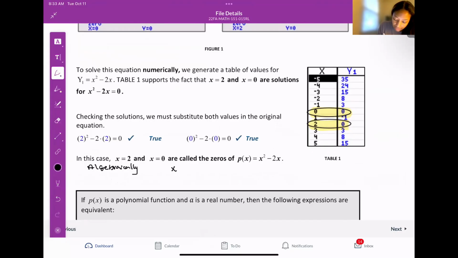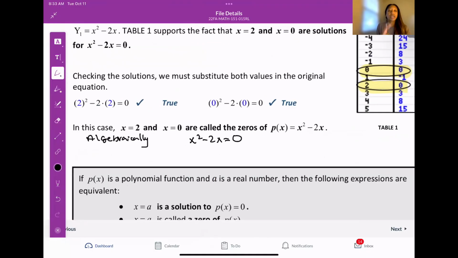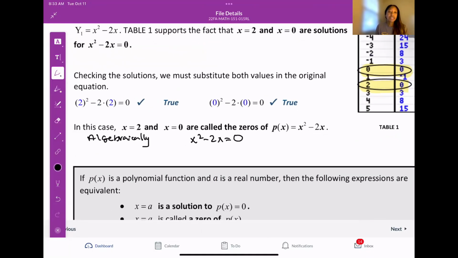Our equation was x squared minus 2x equals 0. So we want to look at what's on the left-hand side, the x squared minus 2x. And we want to factor that. X squared and 2x both have a factor of x in common, so we can factor out the x. This would be x times x minus 2 equals 0.